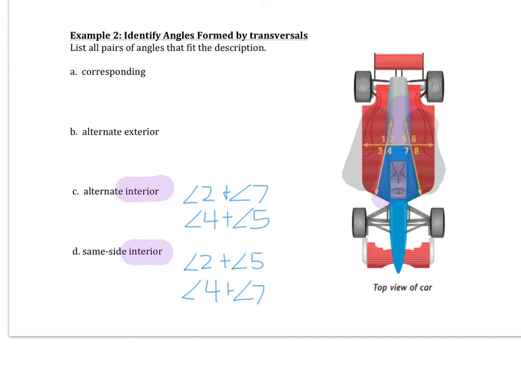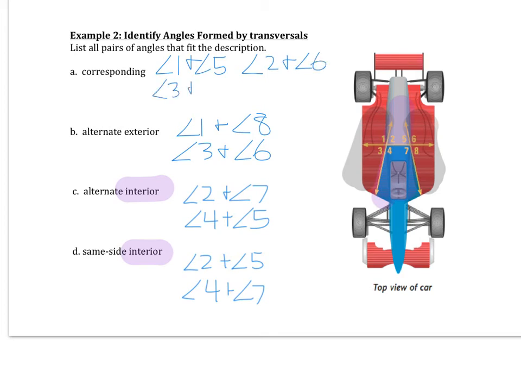So if I want to do alternate exterior, I have 1 and 8, so it's going to be opposite sides on the outside, 3 and 6. Corresponding are in the same position. So 1 and 5 are in the same position, 2 and 6, 3 and 7, 4 and 8.